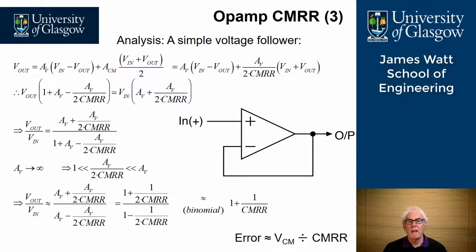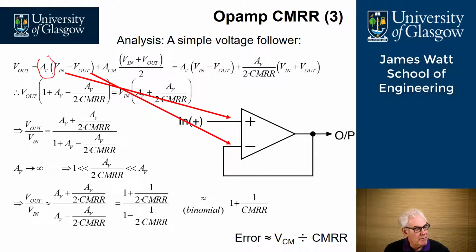So let's do the analysis of a simple voltage follower. Here we have an op-amp with its inverting input connected to its output. Our output voltage is then the high gain of the amplifier times the difference signal plus a common mode gain times the average signal appearing at the inputs.